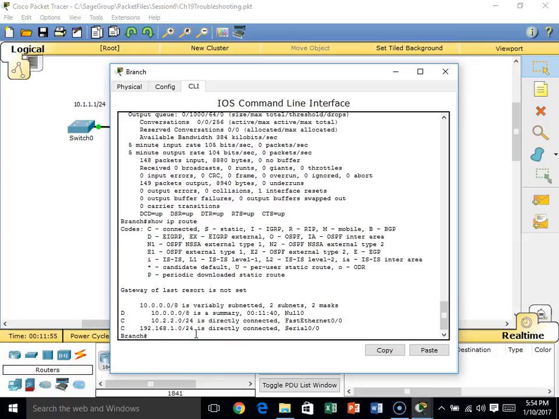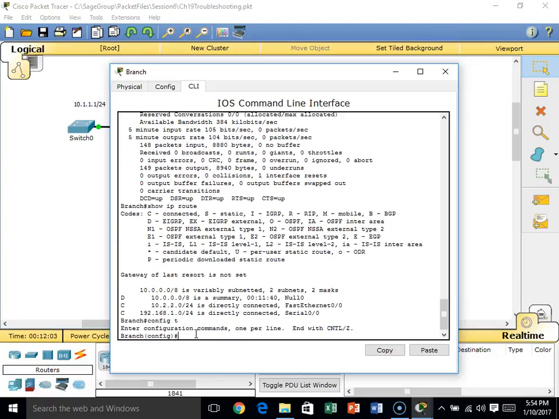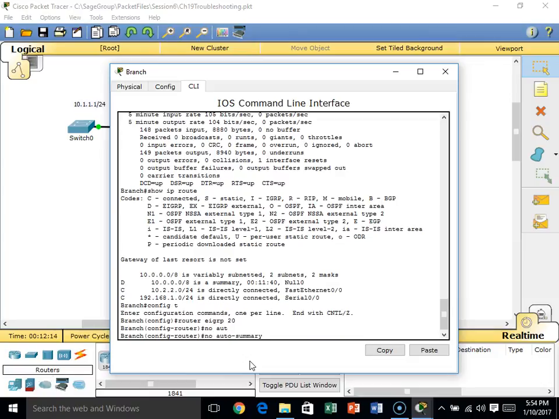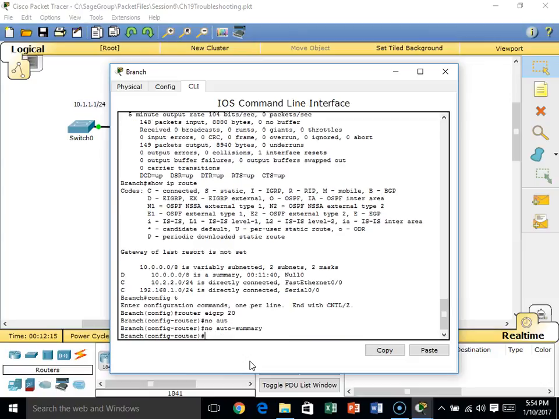Our bandwidth and delay don't match. We have auto summary. Let's do the easy thing first. Router EIGRP 20. No auto summary.